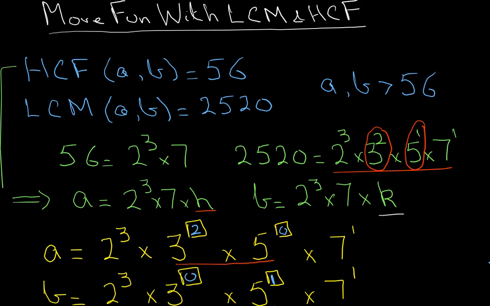The only issue was we were trying to figure out where to throw the powers of 3 and 5. And since they had no common prime factors, if we throw a 5 in one, we have to throw all powers of 3 in the other. And hence A and B turn out to be this.